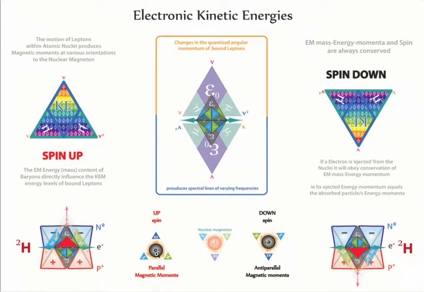And in the case of deuterium nuclei that's illustrated here, all matter will create a magnetic moment or possess a magnetic moment. In the case of deuterium nuclei, it's referred to as a nuclear magneton, whereas the electron's is referred to as the Bohr magneton.